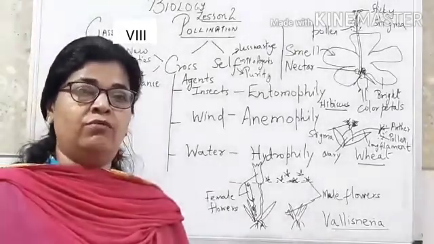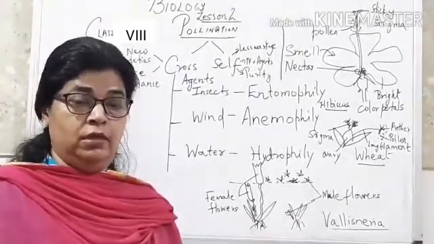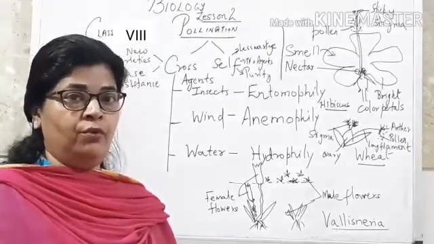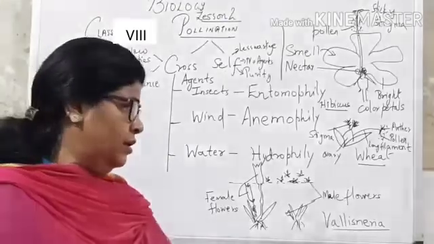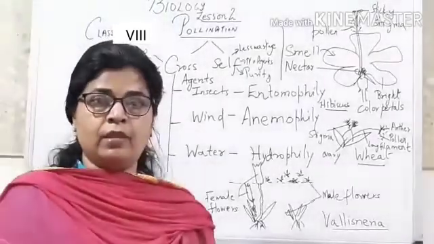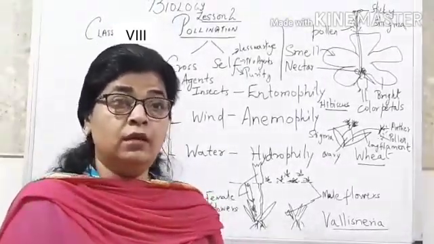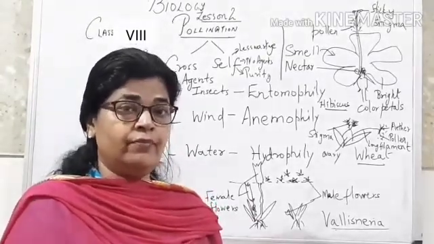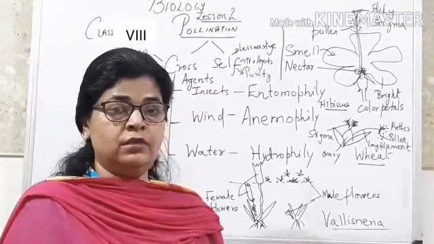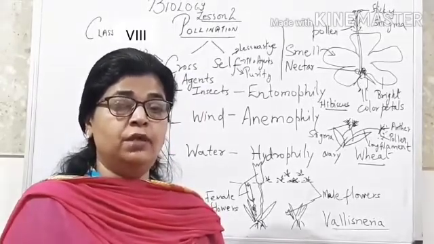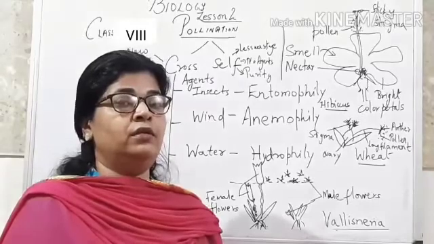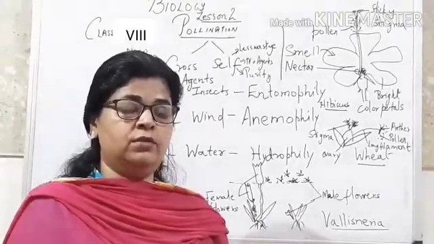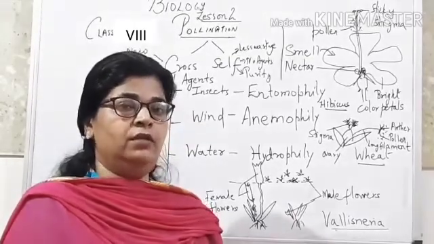So here the whole flower gets detached and taken up by the water flow. This is found in Vallisneria, hydrilla, but not in other hydrophytes like lotus, water lily, water chestnut. There the flowers are big, showy, and entomophily is carried out by them. But in Vallisneria, hydrilla, the submerged water plants, hydrophily is done.